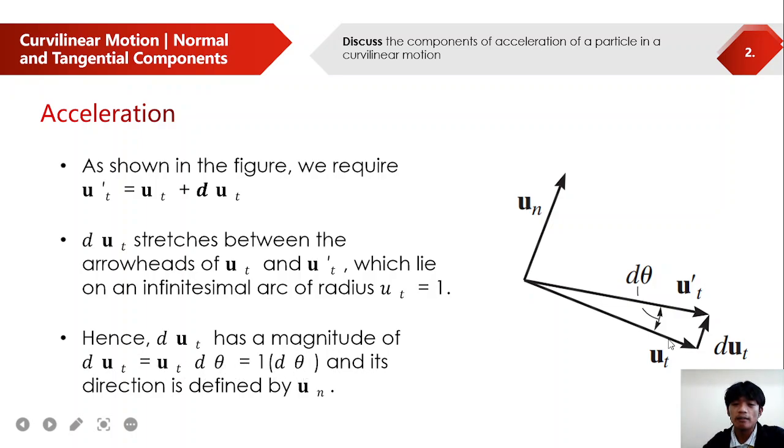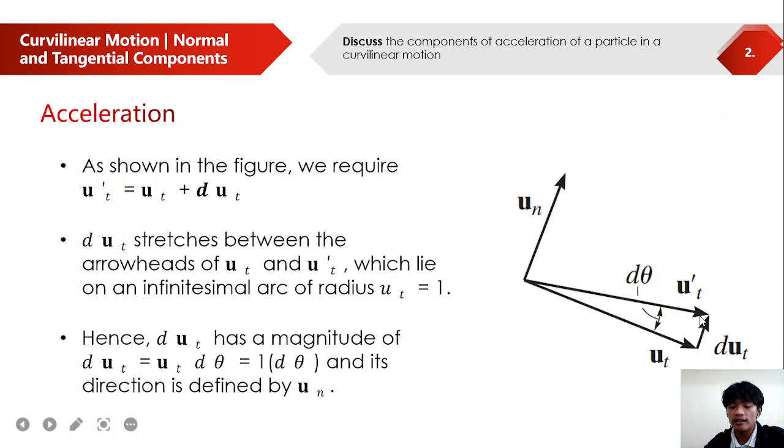Therefore, kasi sinabi natin dito na nag-lie yung arrowheads ng mga u sub t natin, u sub t and then the u prime sub t sa infinitesimal arc of radius u sub t is equal to 1. Therefore, to find for the du sub t, to solve for this is the arc length, diba?